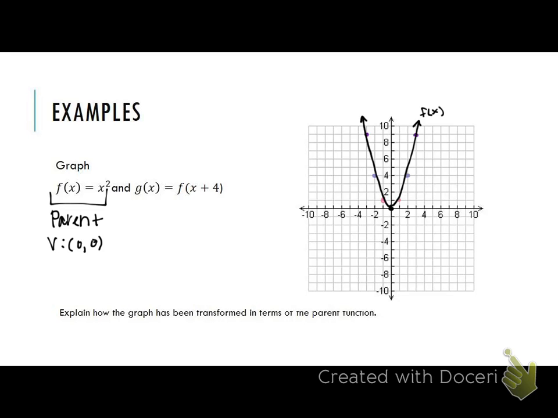So it's inside, and we know that our inside x minus h makes it go opposite, and it goes left to right. So this one is going to go left 4. So I'm going to take all of my points and translate them left 4.